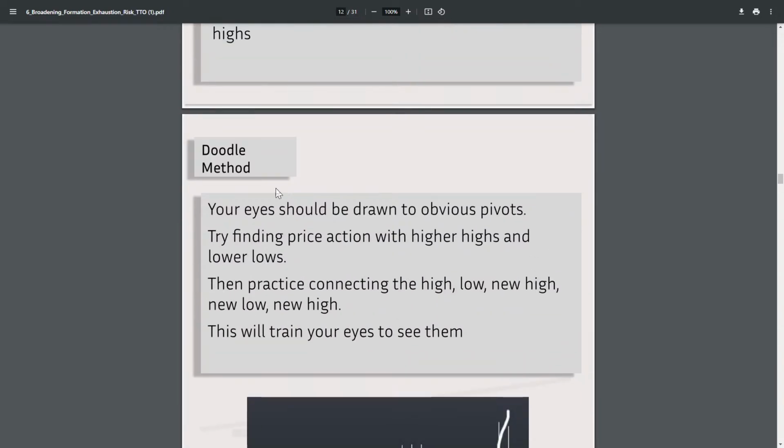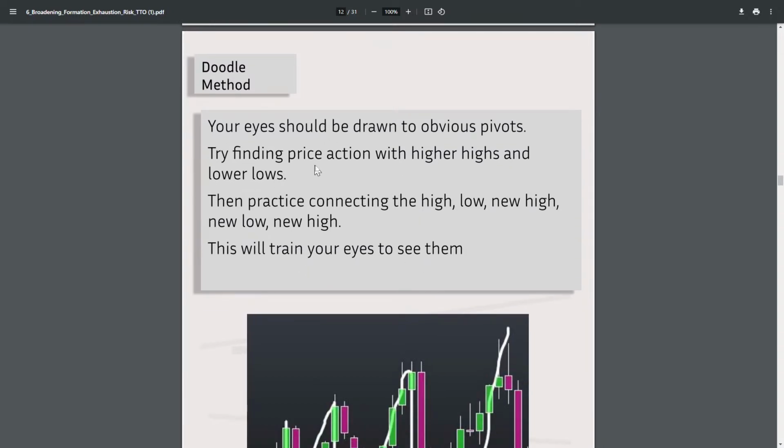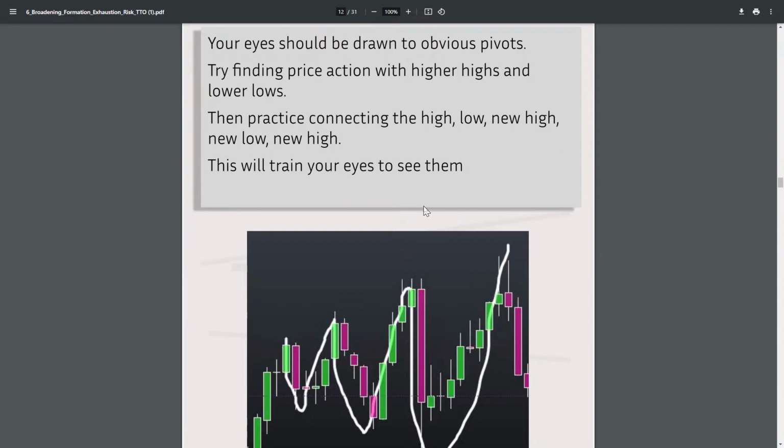And I teach a method I call the finger doodle method because I want your eyes to be drawn to obvious pivot highs and pivot lows. So we want you to practice trying to find price action that has higher highs and lower lows, and then practice drawing them with your fingers or with a polygon tool, something with 5 lines or more.